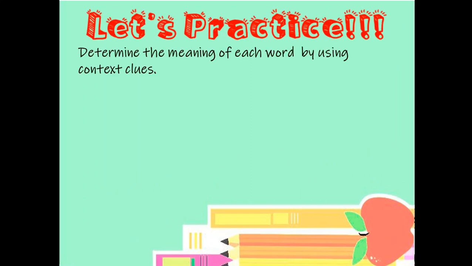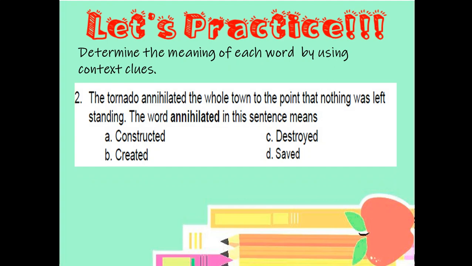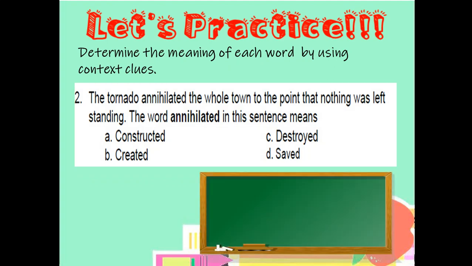Now let's proceed to question number 2. The tornado annihilated the whole town to the point that nothing was left standing. The word annihilated in this sentence means A. Constructed, B. Created, C. Destroyed, or D. Saved. What is your answer? That's correct, destroyed.